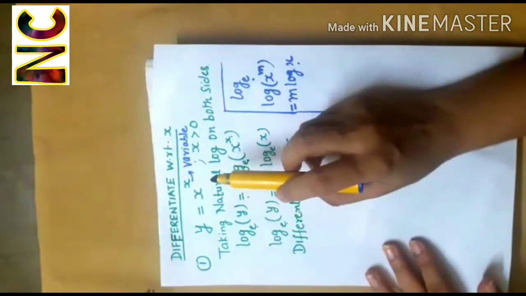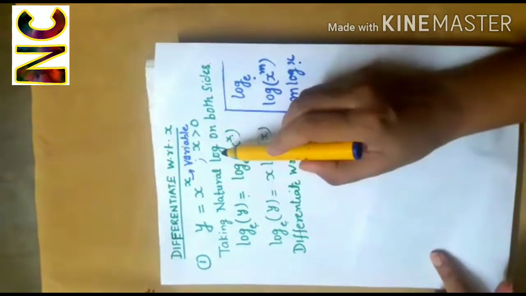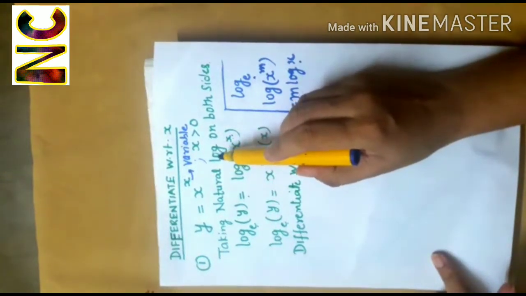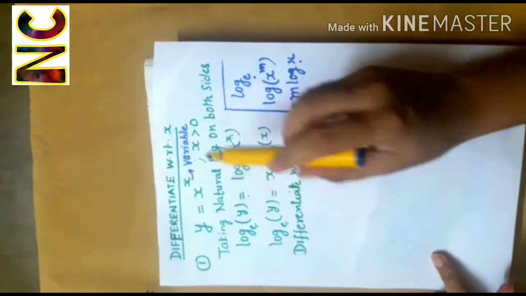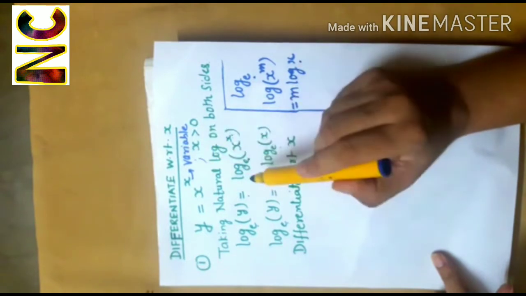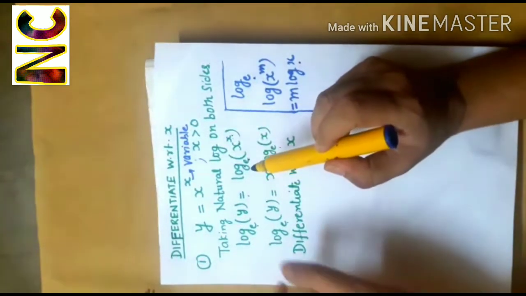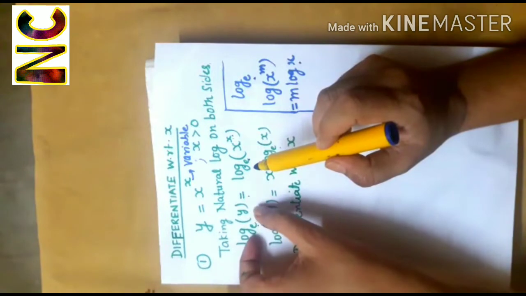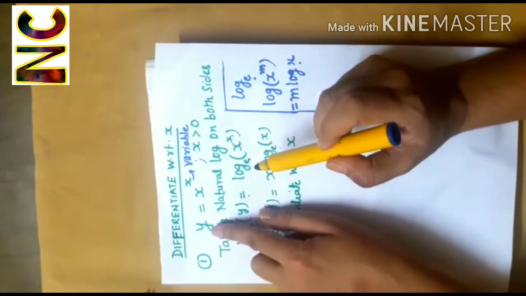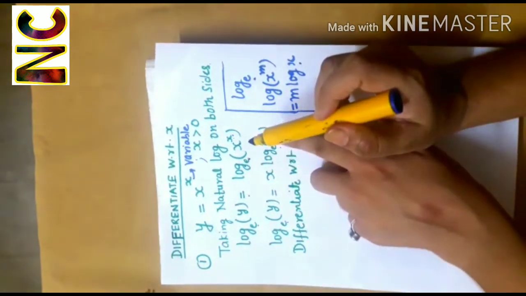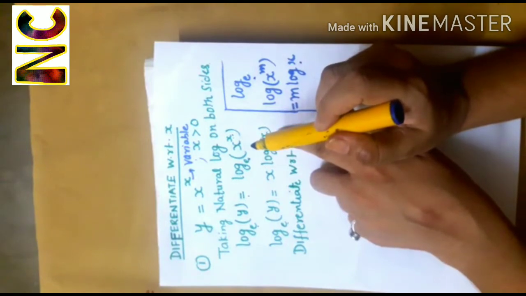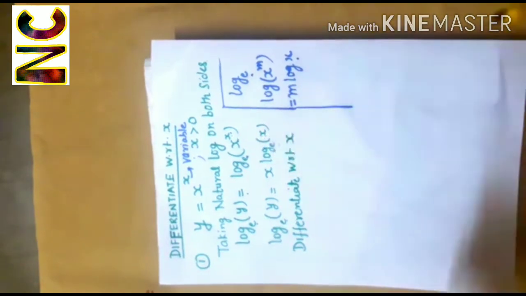Now please note that log is defined for positive numbers. That's why here x is greater than 0, because we are taking log y, so y should be positive. And here we are taking log x, that means x should be positive.